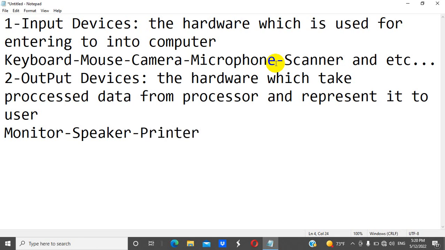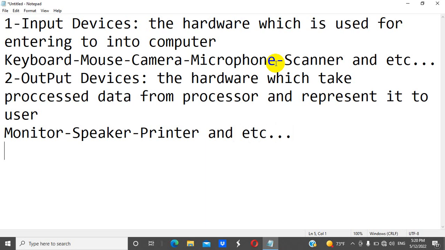Printer is one of the output devices because the printer gets the printed text from the computer and gives it to us. So printer is an output device. And so on. Any device which takes information from the processor and represents it to the outside of the computer world is called an output device.